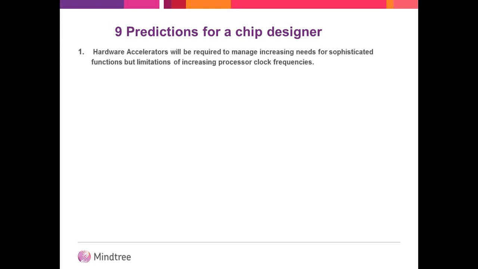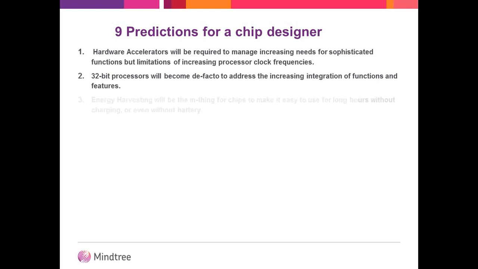Number one, hardware accelerators will become necessary. So you better start looking at what functions and features you need to bring in, and start building some of these hardware accelerators beyond simple AES engines. Second, 32-bit processors will become de facto, whether it's Cortex M0 or any other, but you will need 32-bit processing to manage the kind of functions and feature set that's required.